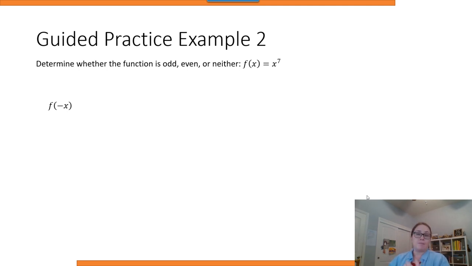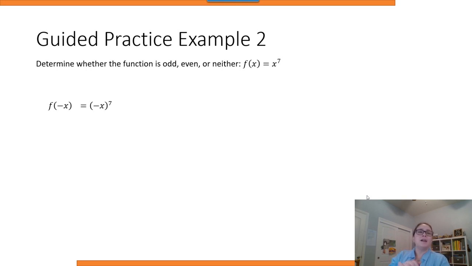If I get the exact same function that I started with, x to the 7th, then that's an even function. If I get the opposite sign, it's an odd function. And if I get some weird combination of negatives and positives where it's not the same and it's not the opposite, then it's neither. So if I do that here, I plug in negative x to the 7th power.